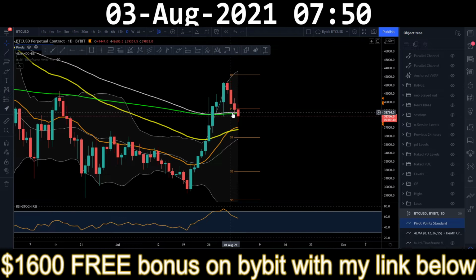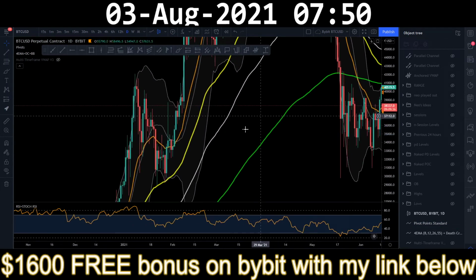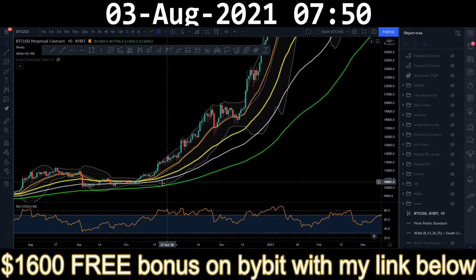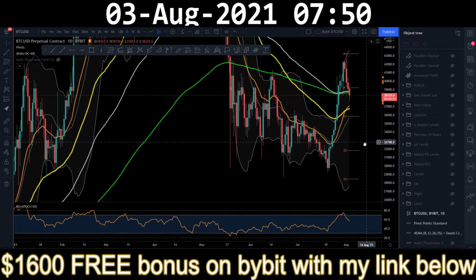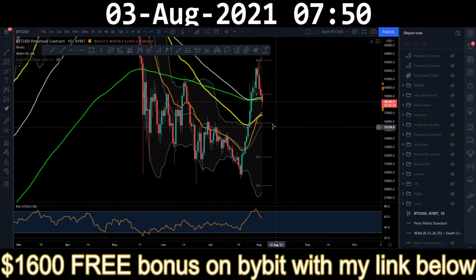When you have these two EMAs, the 20 and the 55, crossed on the daily, it acts as a pretty strong bullish indicator. The last time it crossed to the bearish side of things was over here on May 14th. We are just now having a cross.